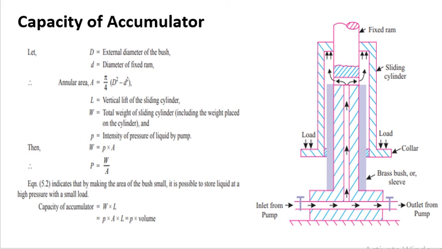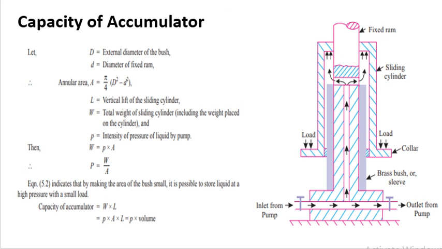The liquid entering the cylinder exerts pressure on the annular area of the cylinder, which is equal to the cross-sectional area of the brass bush. This is the brass bush. So if we have to calculate the capacity of the accumulator, in that case capital D is the external diameter of the bush, and small d is the diameter of the fixed ram. Annular area is pi by 4 into (D square minus d square). L will be the vertical lift.